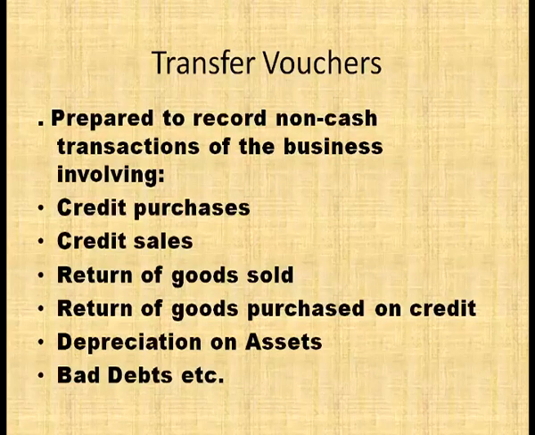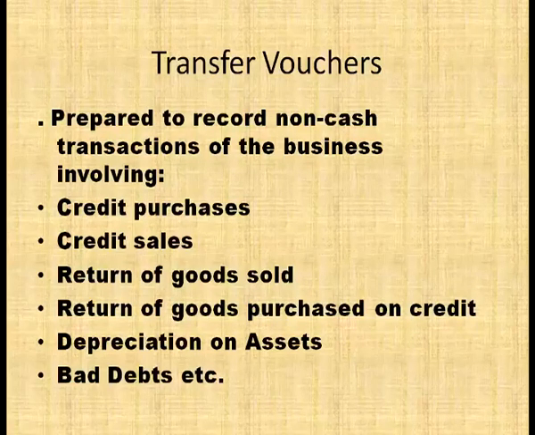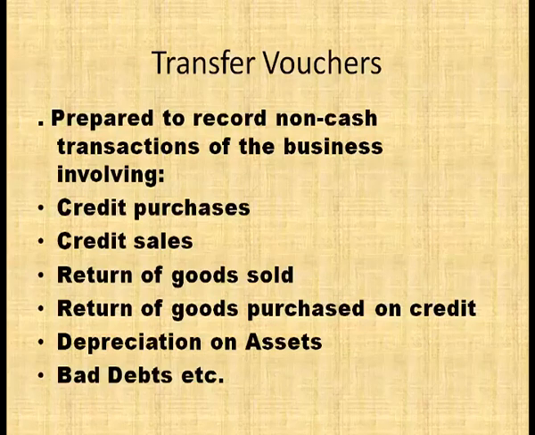Here also, cash is not at all included, so it can be included in transfer voucher. Depreciation on assets. Depreciation debit to asset. Here also, cash is not involved, so it is included as a transfer voucher. Bad debt. So, these are the items that you can record in transfer vouchers.